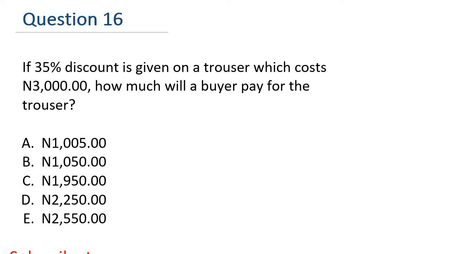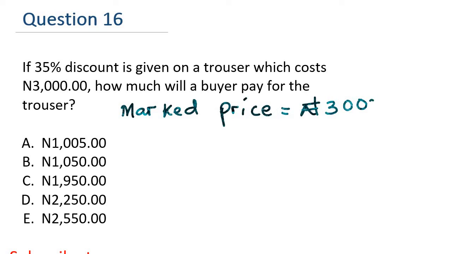Now, they give us the marked price. Marked price is the original price of an item. So the marked price here that they want to sell the trouser is 3,000 naira. In mathematics, marked price is always 100%.